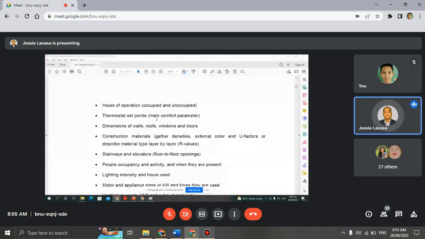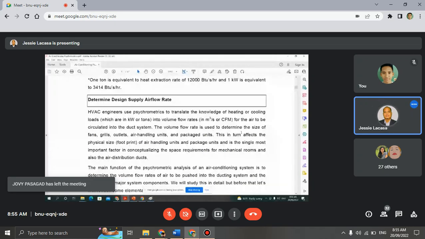The volume flow rate is used to determine the size of the fans, grills, outlets, air handling units, and package units. This in turn affects the physical size, the dimension of the air handling unit you are going to use or design. So the main function of the psychrometric analysis of an air conditioning system is to determine the volume flow rates of air to be pushed to the ducting system and the sizing of major system components.